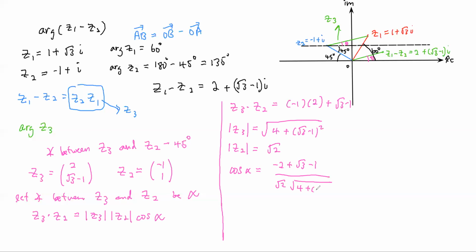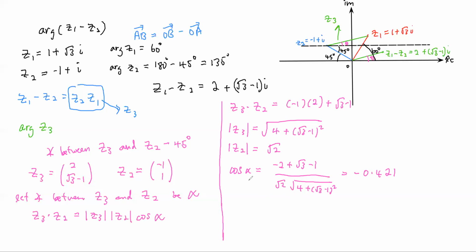But don't worry, you can use your calculator to calculate all these values. You should get something around -0.421. So cosine alpha is negative.